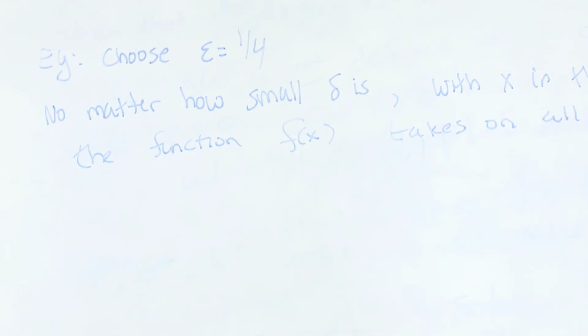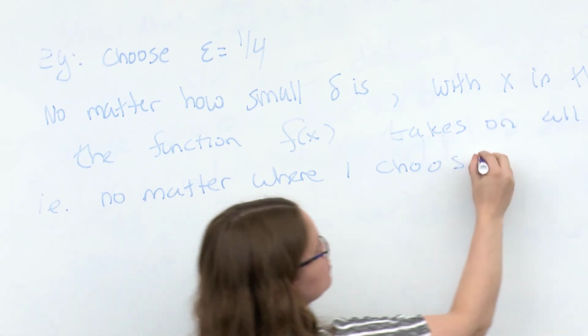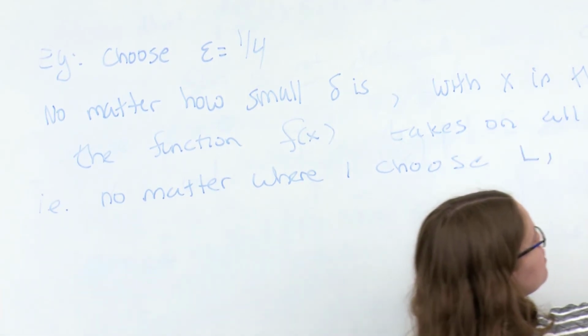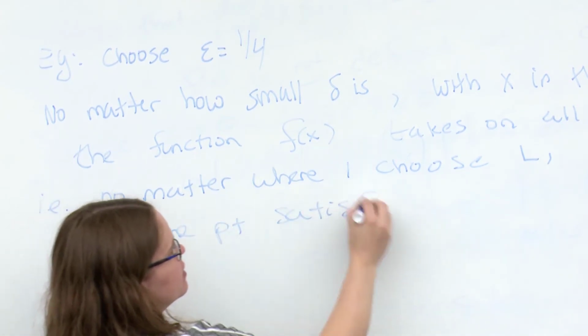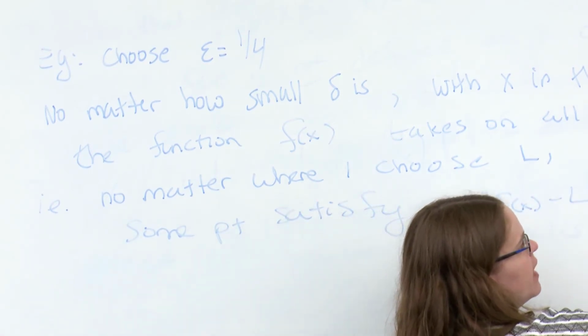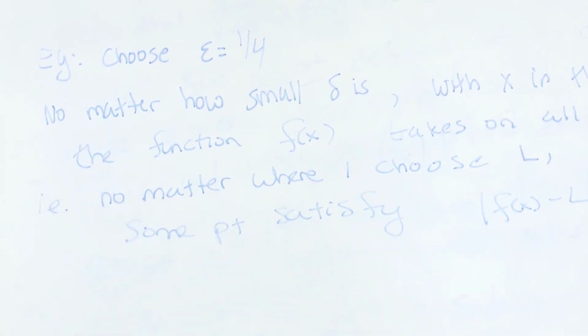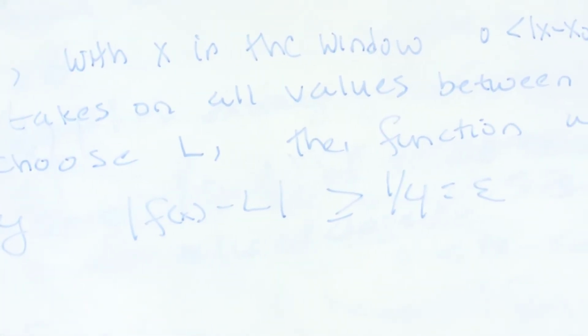In this little window, the function is going to oscillate away from that L, and it's going to get farther than a distance of a quarter away from that L. No matter where I choose L, the function will at some point satisfy |f(x) minus L| is bigger than or equal to a quarter, which was my epsilon, because this thing is taking a swing of plus or minus 1 in each direction.